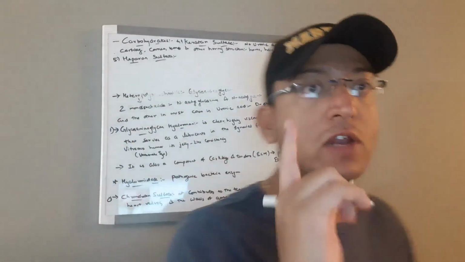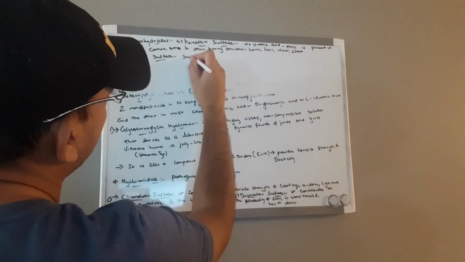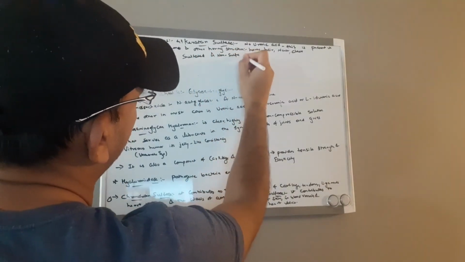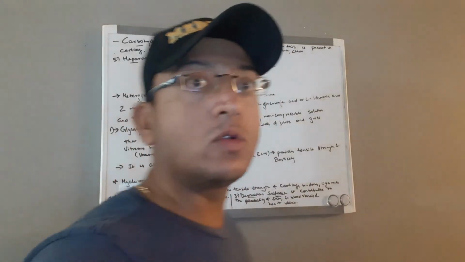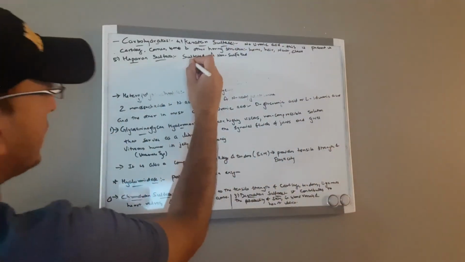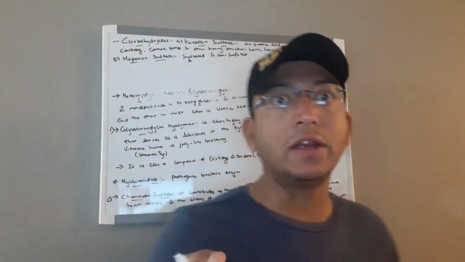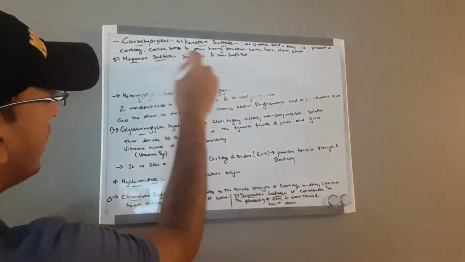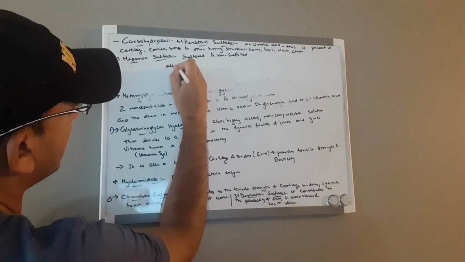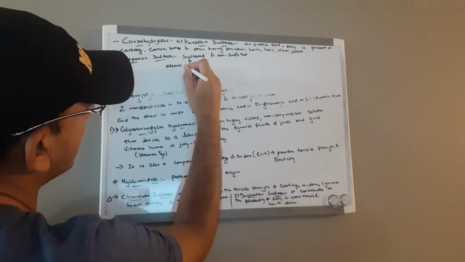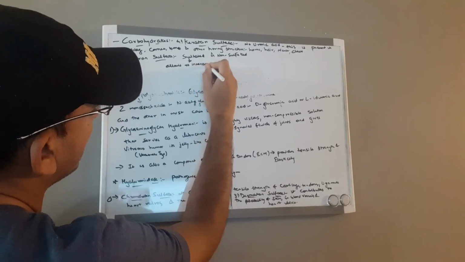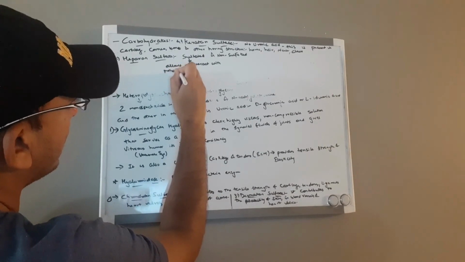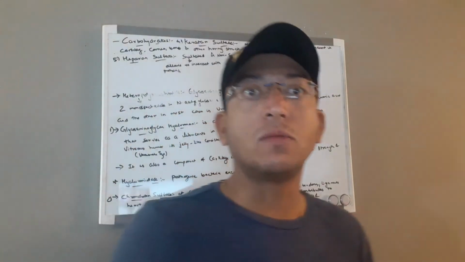So this heparan sulfate has sulfated and non-sulfated groups, right? The sulfated segment of the chain allows it to interact with a large number of proteins.